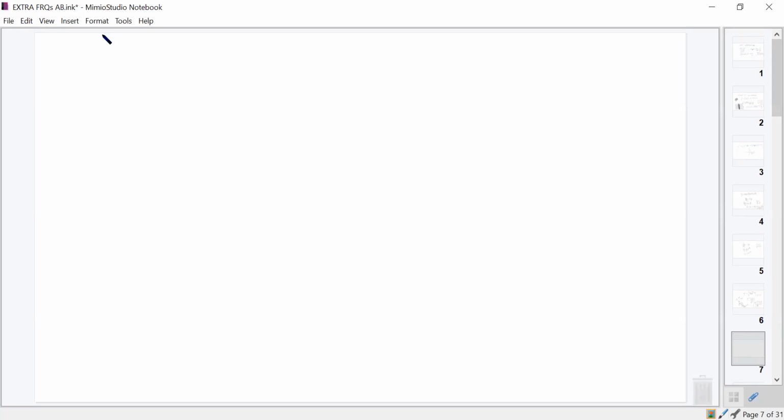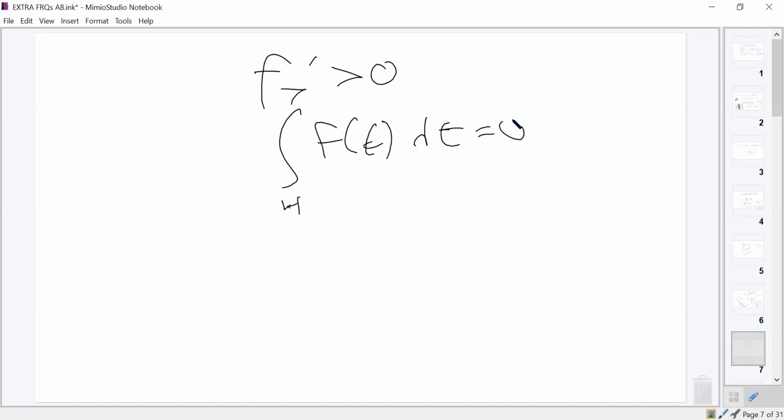So we know that f prime is positive, and we know that the integral from 4 to 7 of f of t dt is 0. And we want to know which chart makes sense. So if the derivative is always positive, that tells us that f must always be increasing.